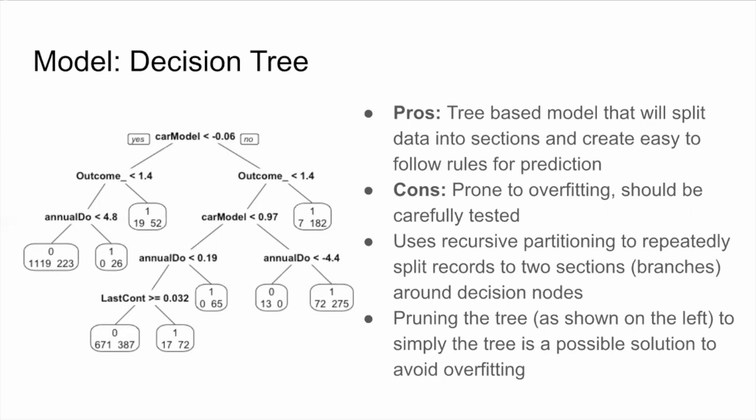Because it's partitioned, it's prone to overfitting. If you partition to very, very specific segments, you'll create a very specific decision tree that is actually overfit and not entirely accurate. So you should train off of a large set and make sure that you test and validate off of the test set to get the most accurate result.